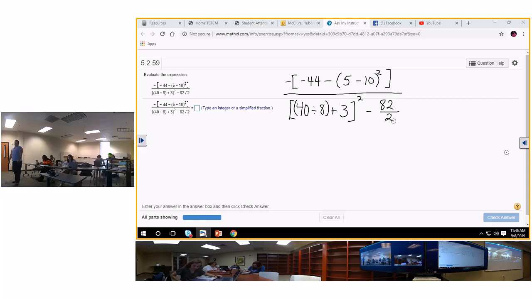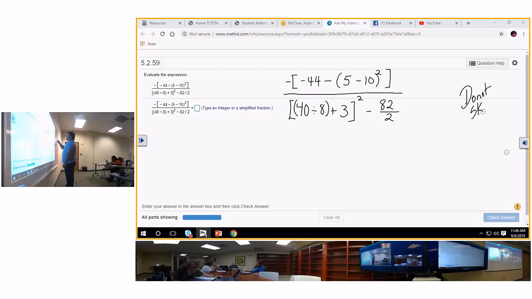Now, the first thing I'm going to tell you is, do not skip steps on this problem. Because for the ones that miss this, there's three types of students on this problem. One, they quit.